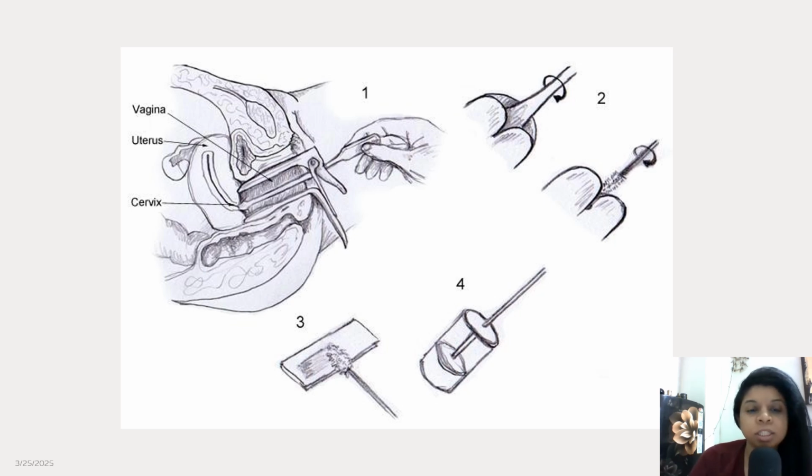And then if it is a conventional smear, the cells collected over the instrument, that is either the spatula or the brush, are directly put over the slide. And then you are brushing over it slightly, not applying too much pressure, so that cells can be spread.